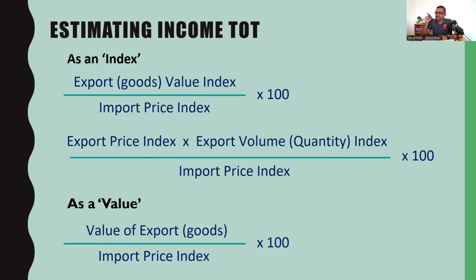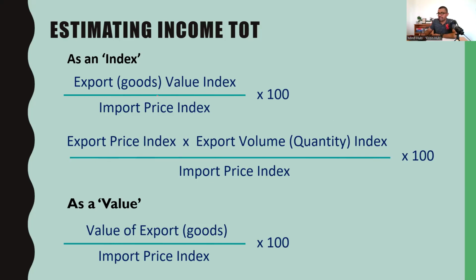So as an index, there are two approaches I have given here, right? Actually, the second is more of an explanation of the first approach. Export goods value index divided by import price index. Because for exports, we only take goods here. What I'm explaining is the value part of it.